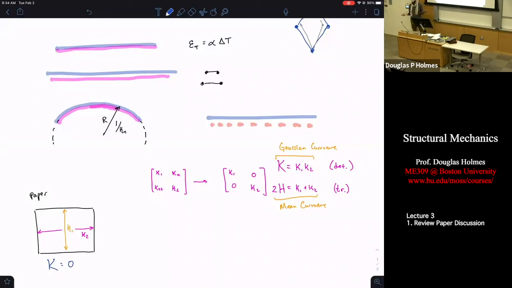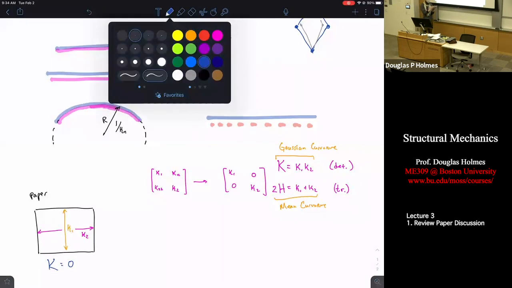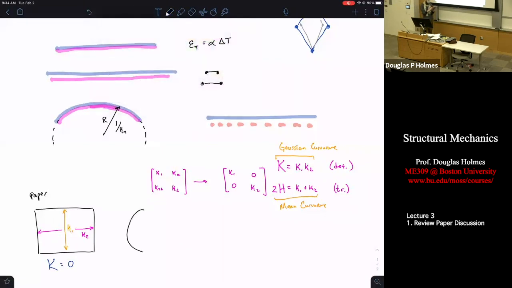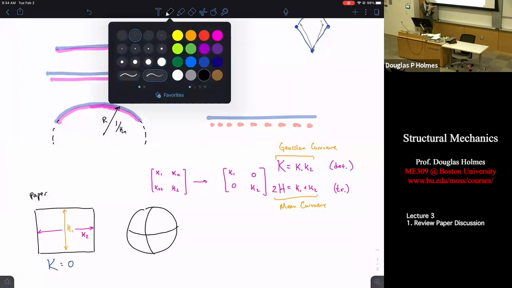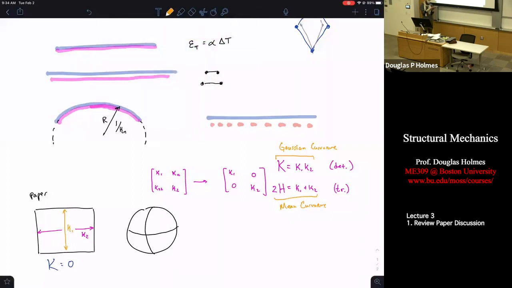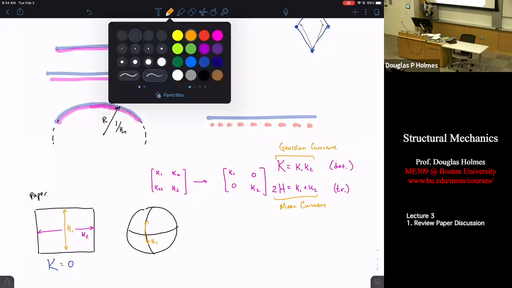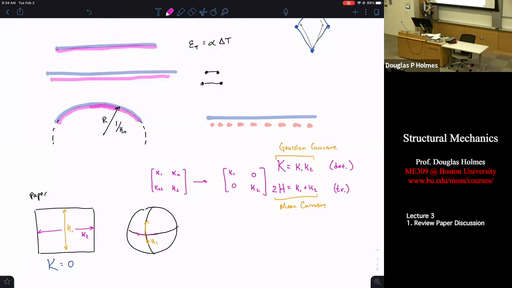So now there are 2 other options. One is we could draw a basketball. And again, we could say, well, I have a curvature here, I have a curvature here.